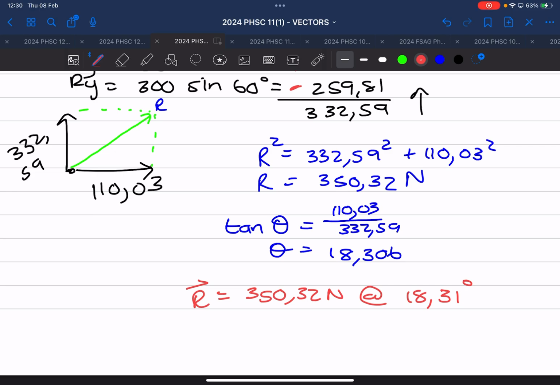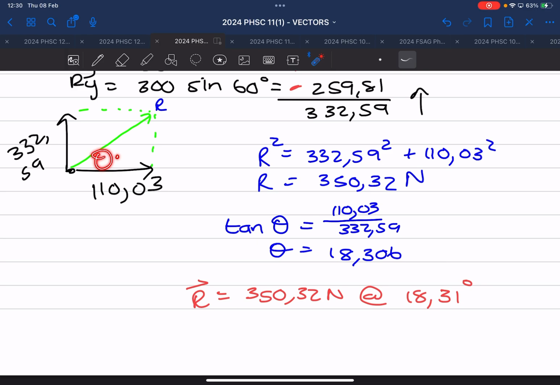Who has full marks? What's wrong? These two. Tan is opposite over adjacent. Another angle, so mine is 71.69. Yeah, but remember, then you calculated that angle.